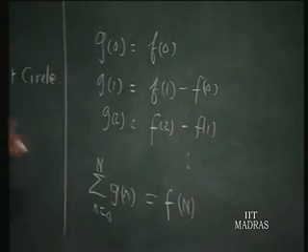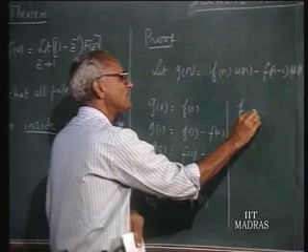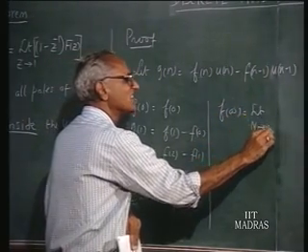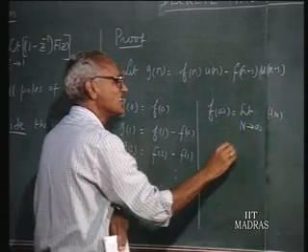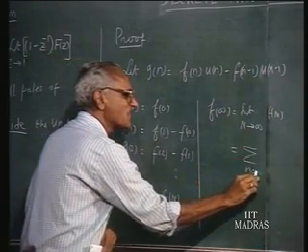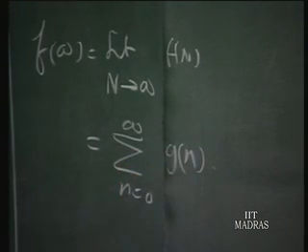From this analysis, you can see that f(infinity), which is of course the limit as n goes to infinity of f[n], is also equal to the sum from n equals 0 to infinity of g[n].